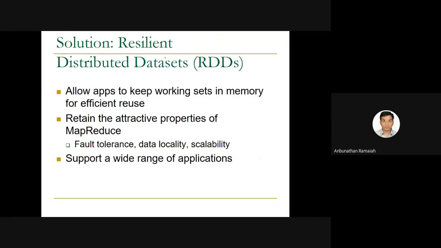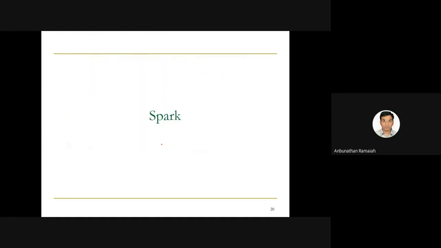So for that, resilient distributed datasets, RDDs, are used. They allow apps to keep working sets in memory for efficient reuse, retain the attractive properties of MapReduce: fault tolerance, data locality, scalability, and support a wide range of applications. That is why RDD is very popular. What is Spark?